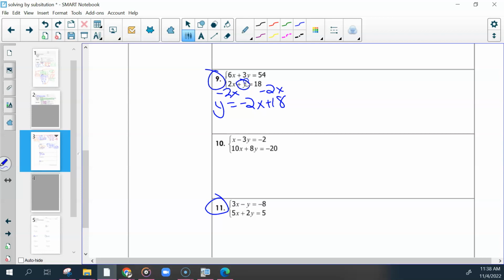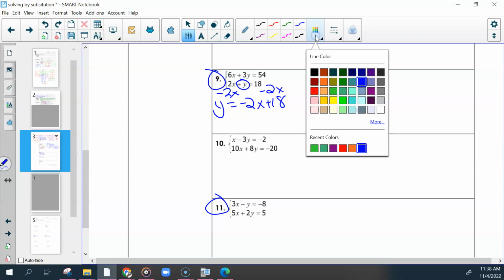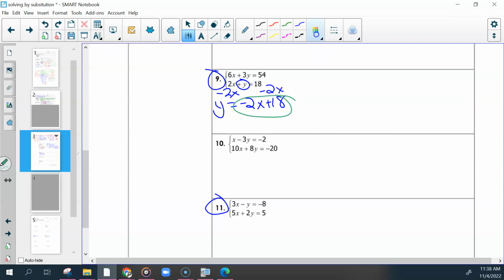We have our equation solved for y, but what do we do with that? Allison? So 6x plus 3 times negative 2x plus 18 equals 54. Start to solve.